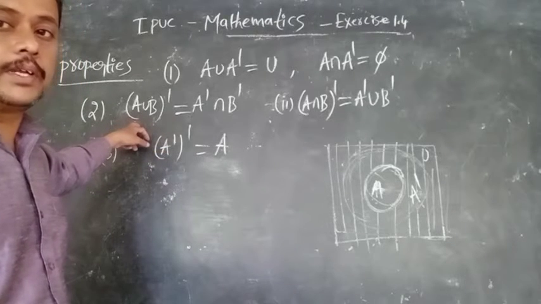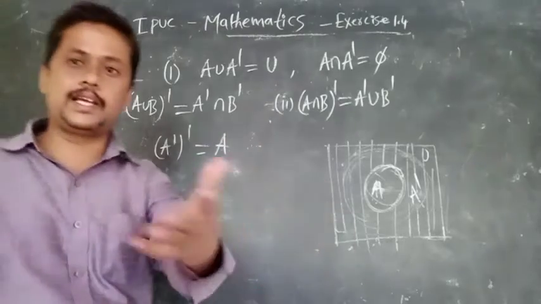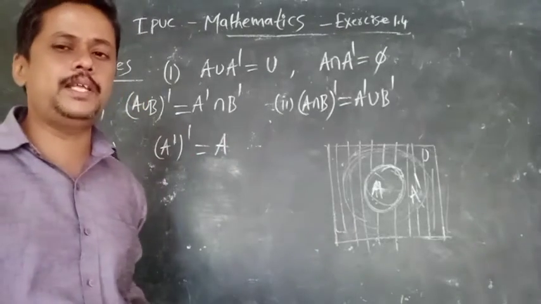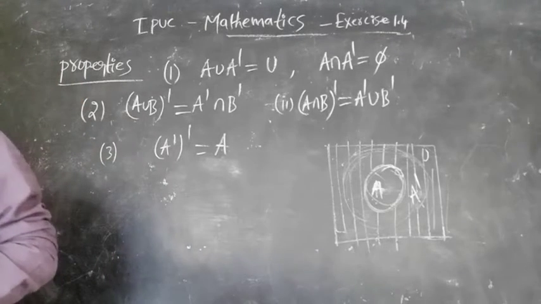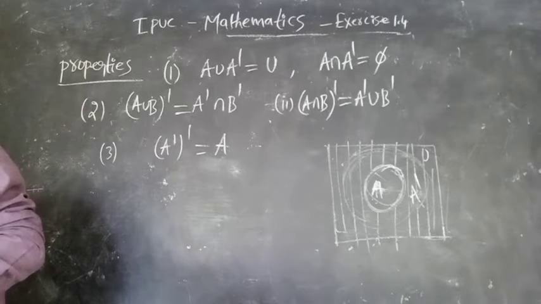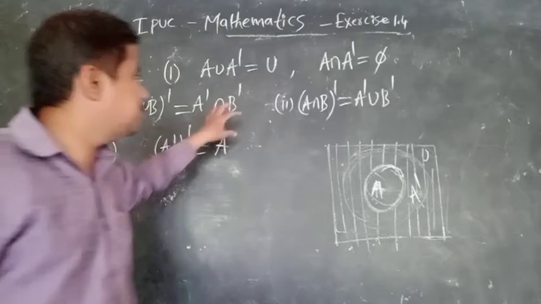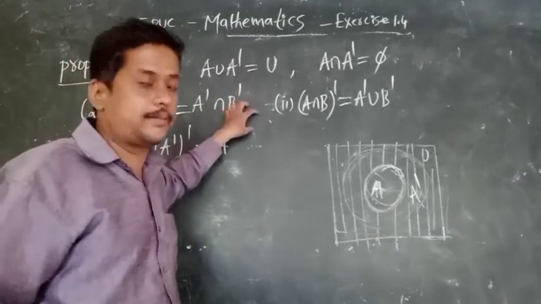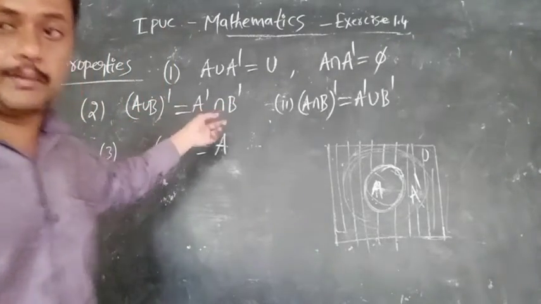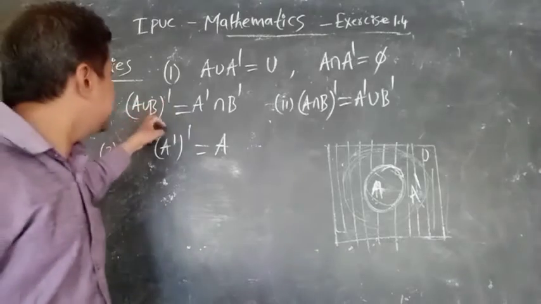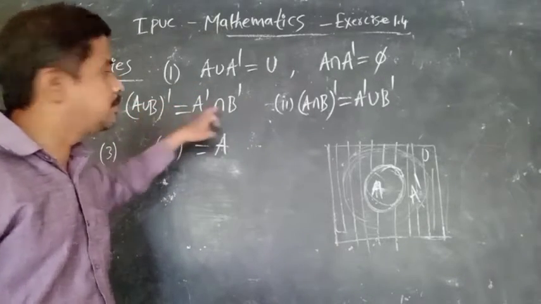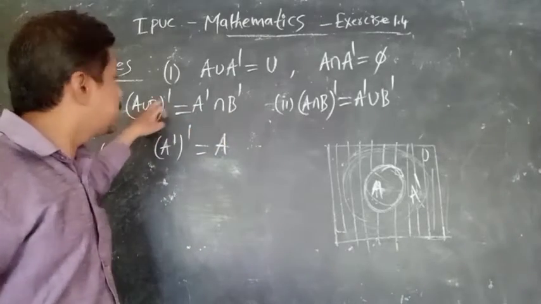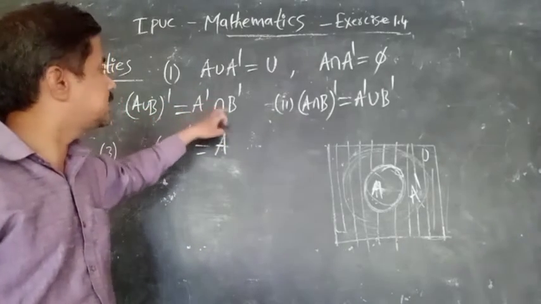Next we move to the second property. This was already told in the last example. These properties are known as De Morgan's laws. See, A union B whole dash equals to A dash intersection B dash.